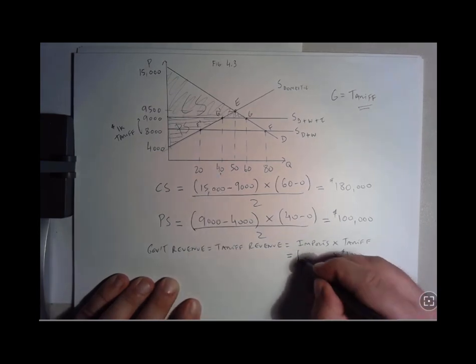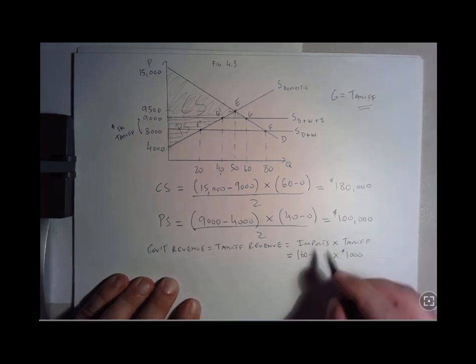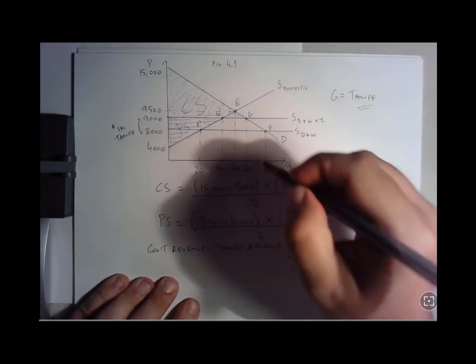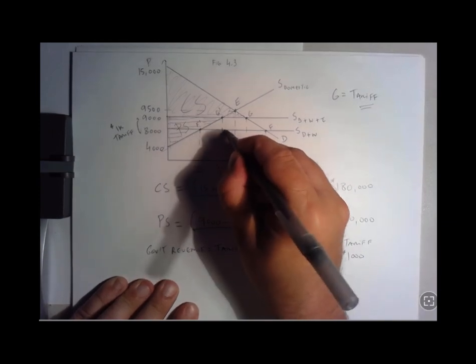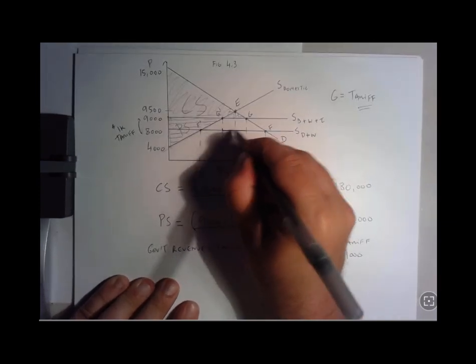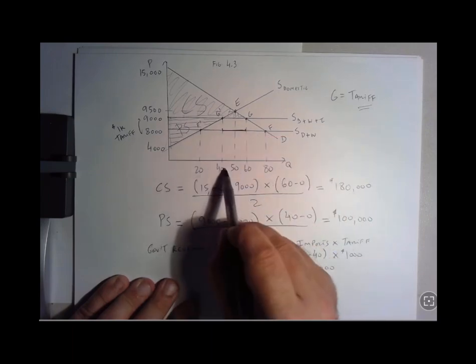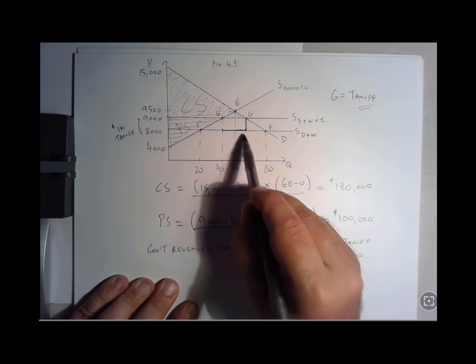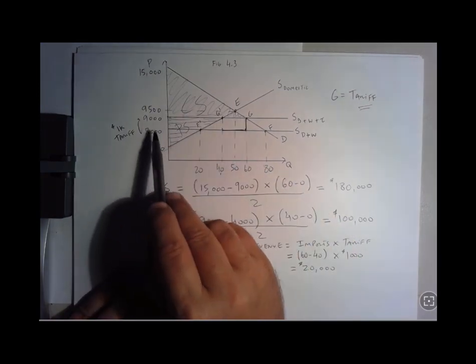Thus, the imports are the difference between what is consumed and how much is domestically produced. So we have a $20,000 government revenue that stays in this nation. So basically what we computed was the area of this rectangle that has a run equal to the amount of imports, which are 20, and the height equal to the amount of the tariff.